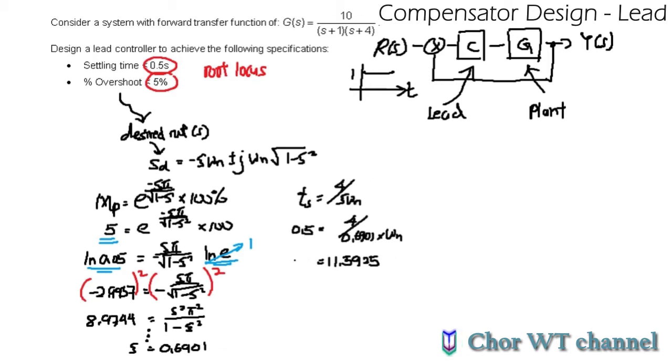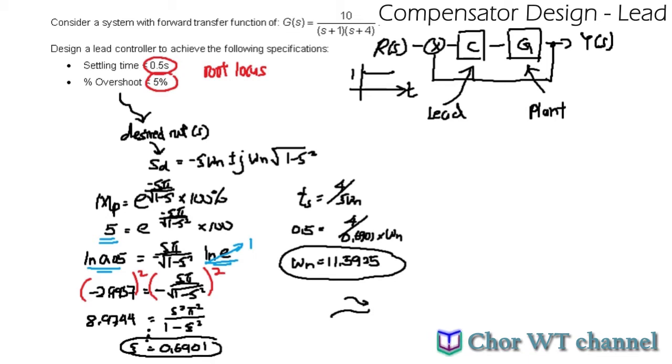We have obtained our omega_n value to be equal to 11.5925, and with the zeta of 0.6901, we can combine these two into our desired s_d, which is negative zeta omega_n plus minus j omega_n square root of 1 minus zeta squared, which eventually will be these desired roots: negative 8 plus minus j 8.3897.